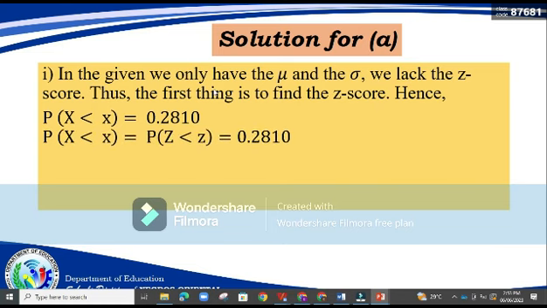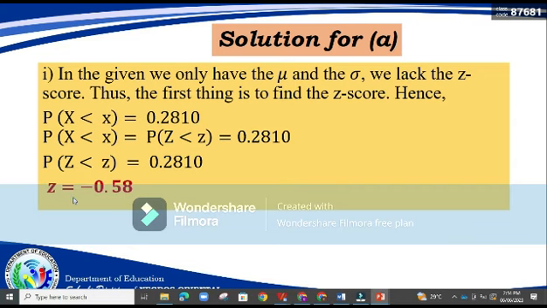The probability when x is less than x is equal to 0.2810, or the probability when x is less than x is equal to the probability when z is less than z is equal to 0.2810. Then we're going to look at the z table. We're going to look for the area and locate the z-score that is.